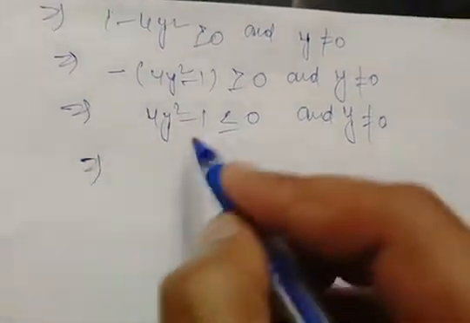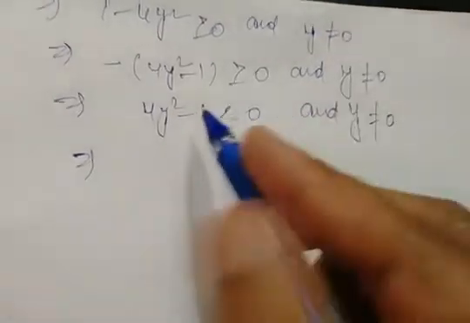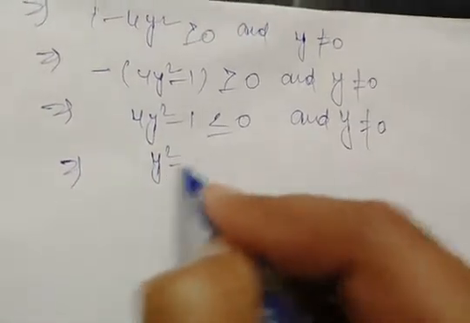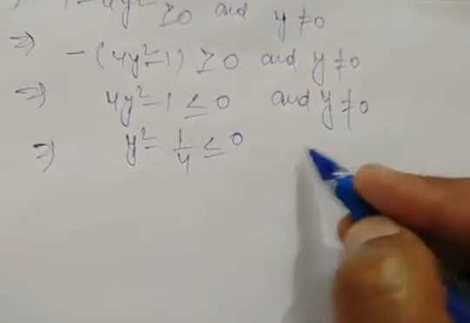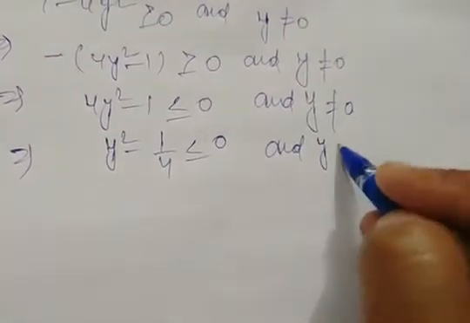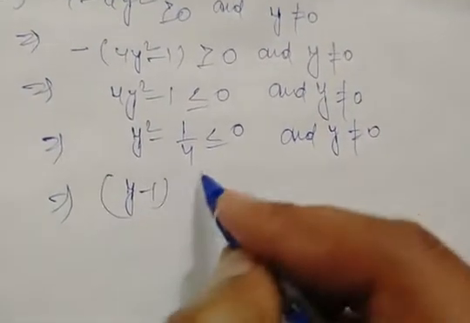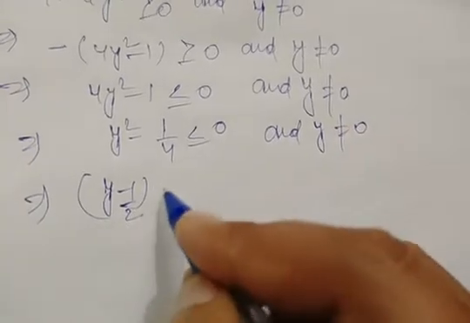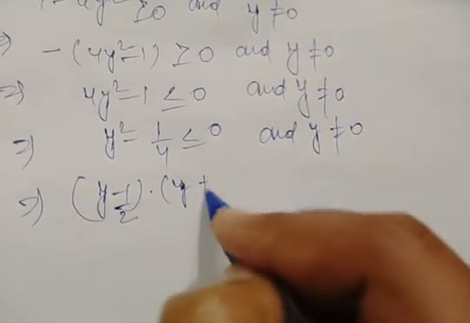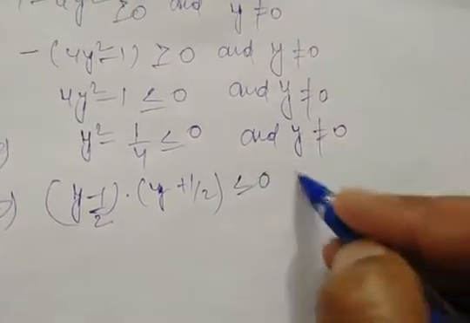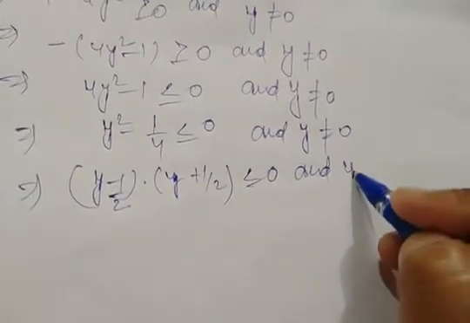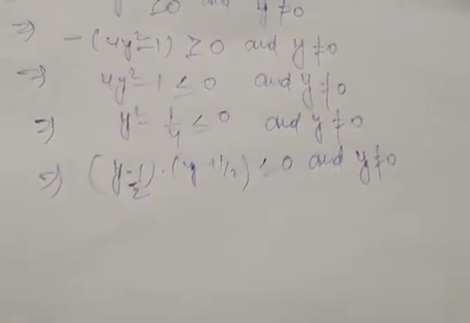Now if we divide both sides by 4, then y square minus 1 by 4 is less than or equal to 0, and here y is not equal to 0. So we find y minus 1 by 2 into y plus 1 by 2 less than or equal to 0, and y is not equal to 0.